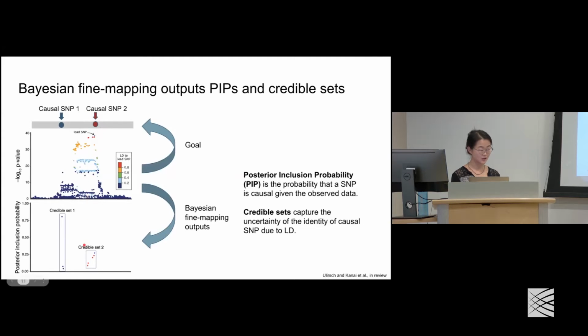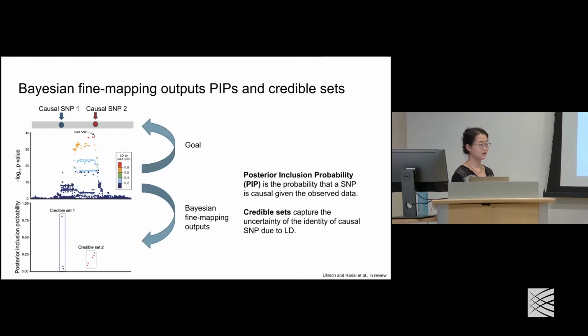And it had basically recovered the ground truth, but there's certainly some complexities that it's taking into account. For example, in this credible set 2, between all these SNPs, there's very tight LD. The algorithm is trying to tell you that there is one causal variant in this set, we believe, but we're not sure which one it is because of how closely correlated they are. So that's the idea for credible set.